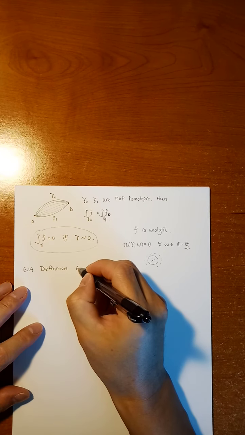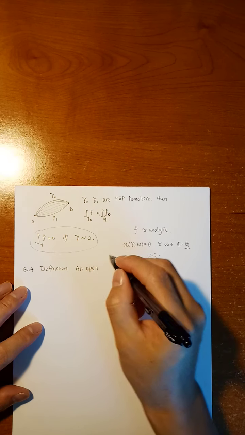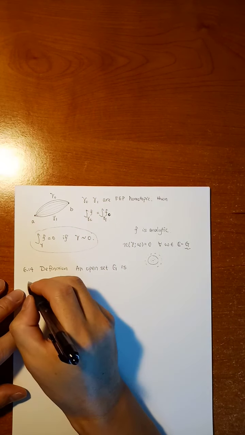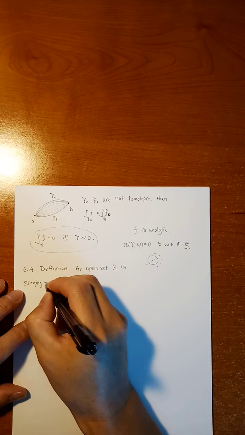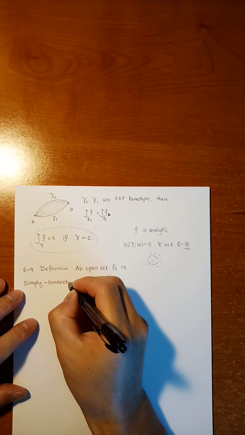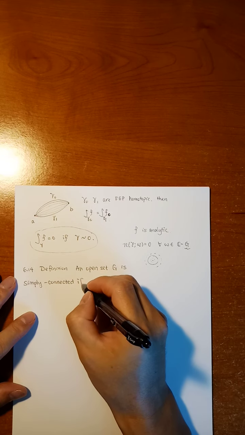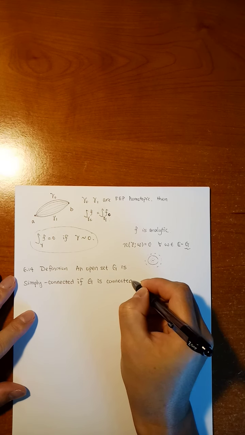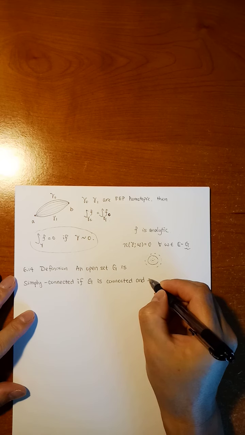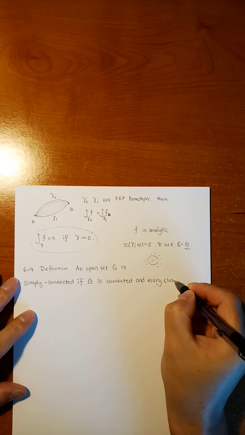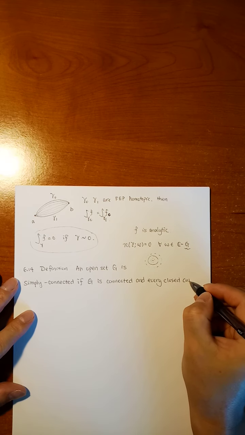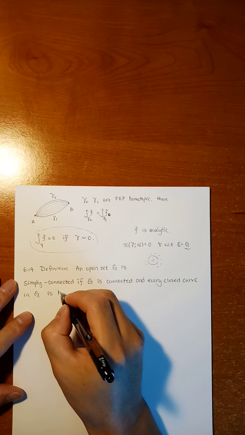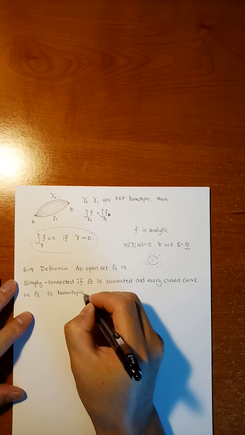An open set G is so-called simply connected if G is connected and every closed curve in G is homotopic to 0.